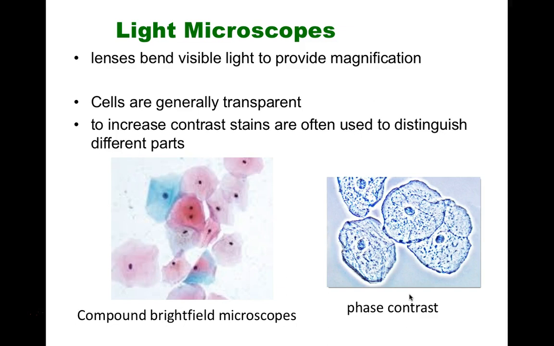With the phase contrast microscope, we can take a sample of cells, which is illustrated in the photo on the right. We don't have to stain them, but because the light has been altered in its pathway around the specimen, we now can see more detailed structure. There are various different types of microscopes that use visible light in different configurations, and they all have their advantages depending on what we're trying to see or distinguish through our microscope.